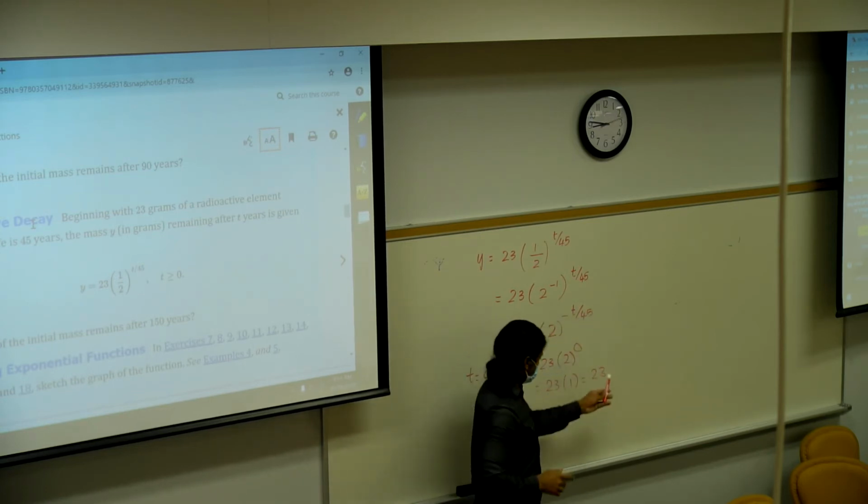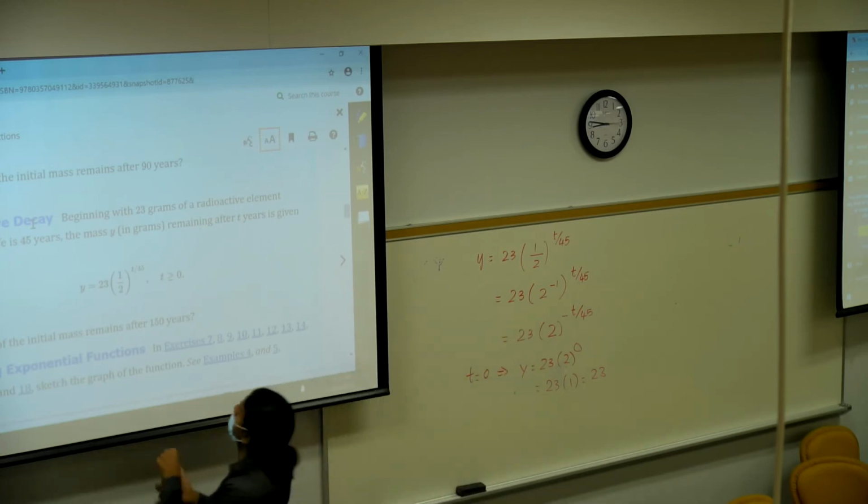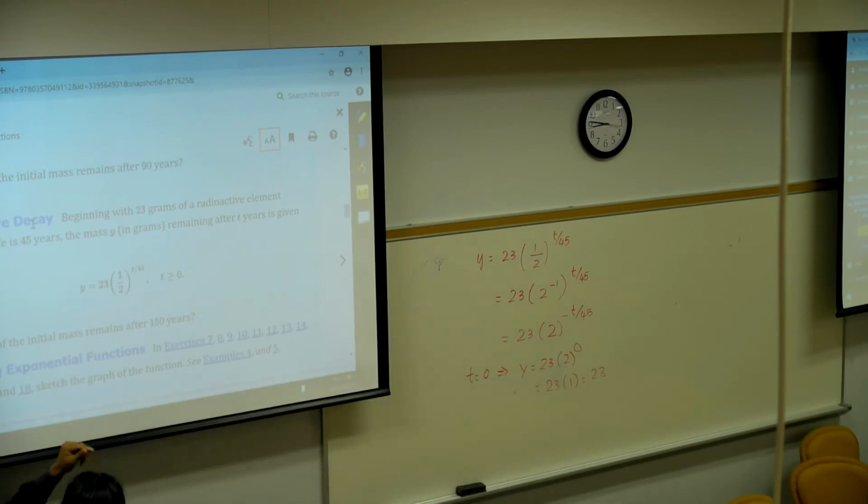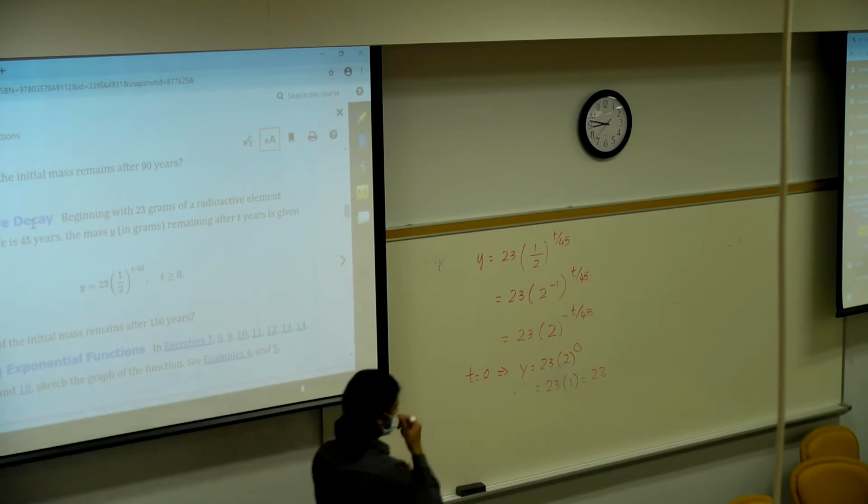Yes? So that 23 is what the problem says as beginning with 23 grams. So we started with 23 grams. And the problem goes on to say that over time, that 23 grams decays, and it has a half-life period of 45 years, right? So do we know what half-life is?